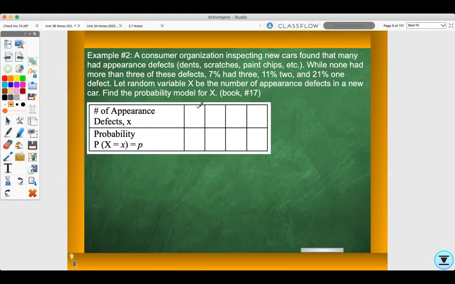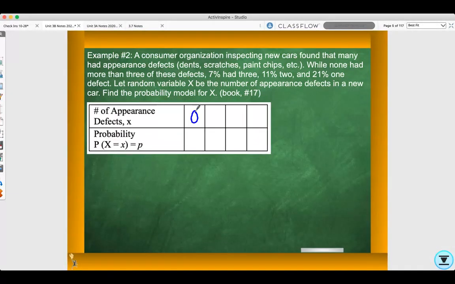So the number of defects that they talk about are 0, 1, 2, and 3. The probability that there are 3 defects is 0.07. The probability that there are 2 defects is 0.11.